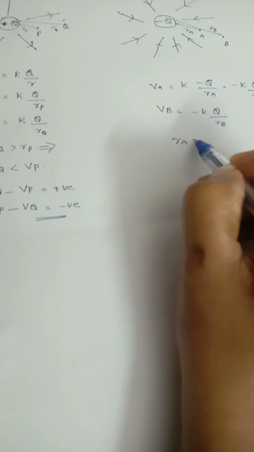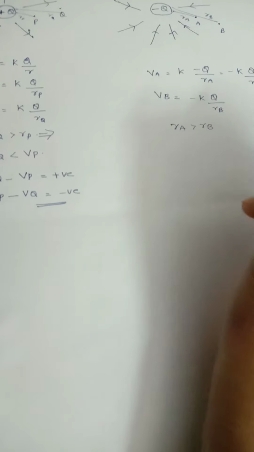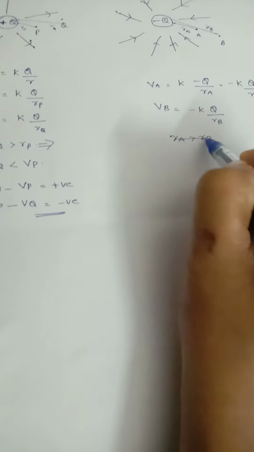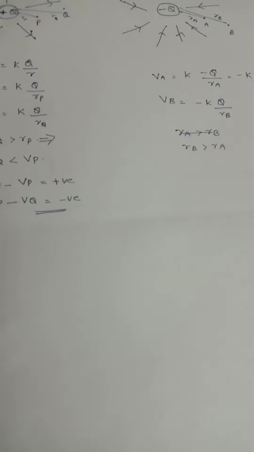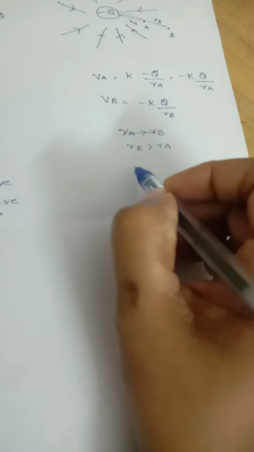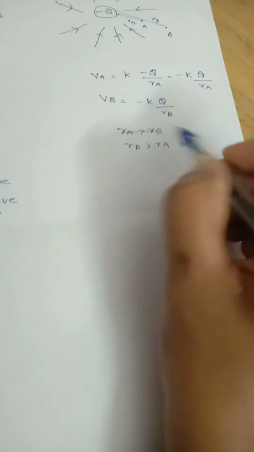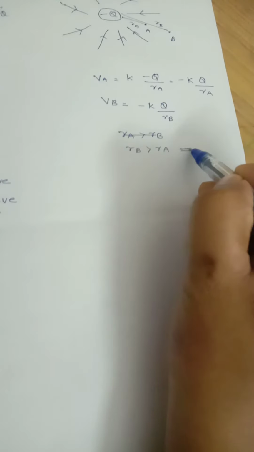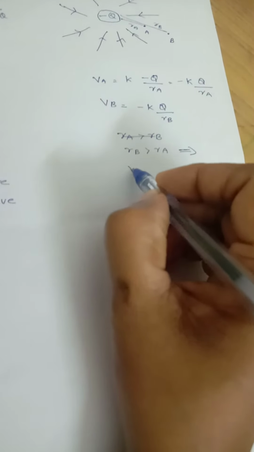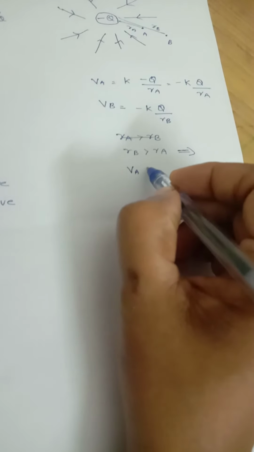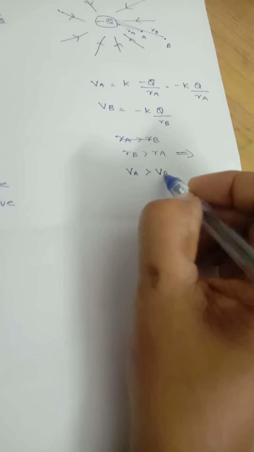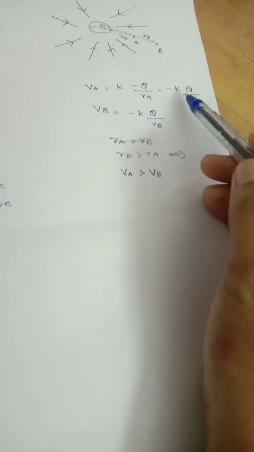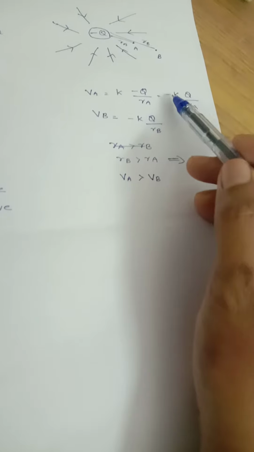Rb is greater than Ra, which implies that here also V and R are inversely proportional. So this implies that the magnitude of Va is greater than that of Vb. But here the problem is it is already negative.